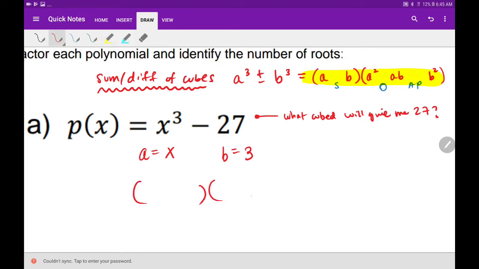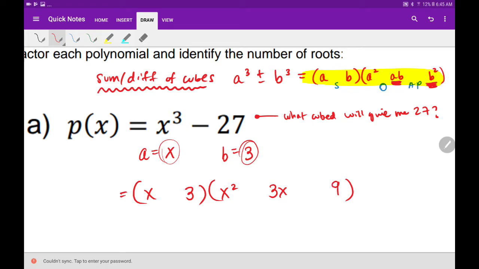So we'll open our parentheses. In our first parentheses, we need a, which is x, followed by b, which is 3. Next, I need a squared, so that means x times itself, that's x squared, followed by a times b, which is 3x, followed by b squared, which is 3 times 3, which is 9.